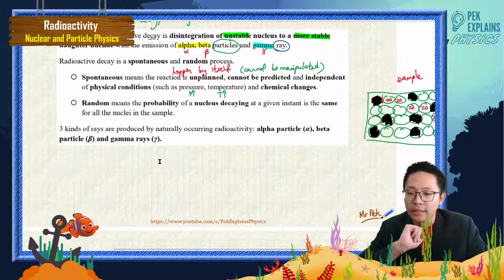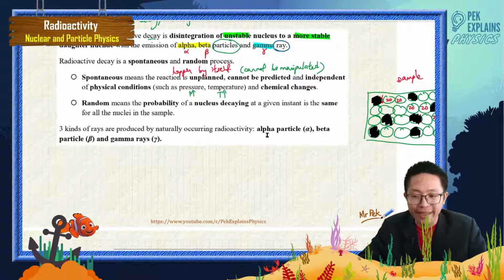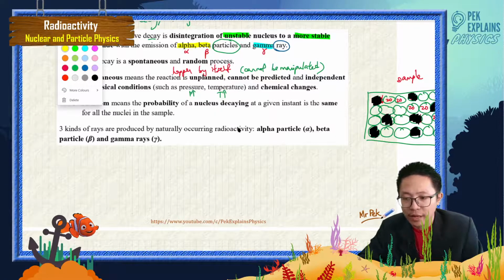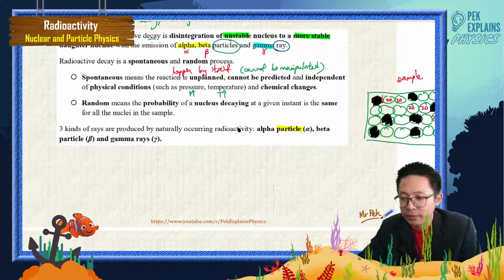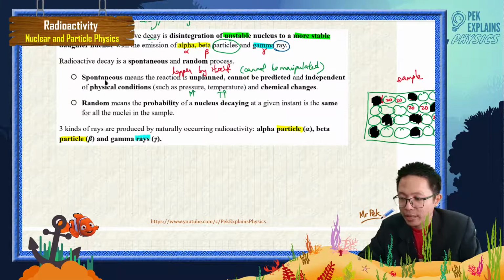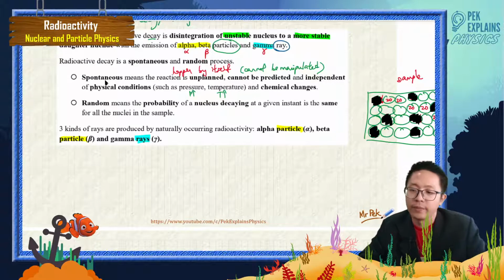Pay attention: only alpha and beta are particles. Gamma is a ray instead of a particle. Only gamma is a ray.